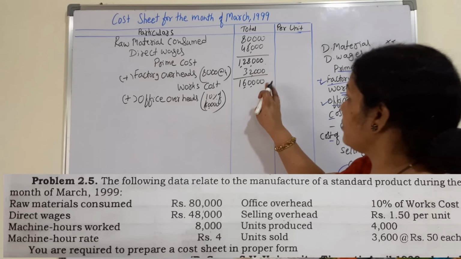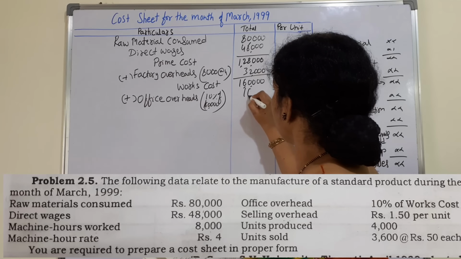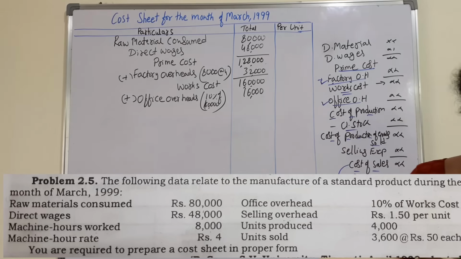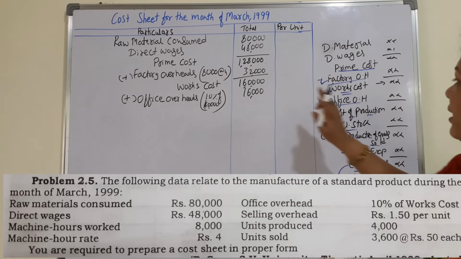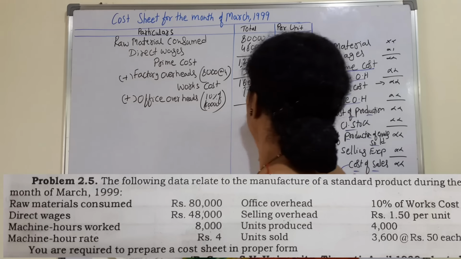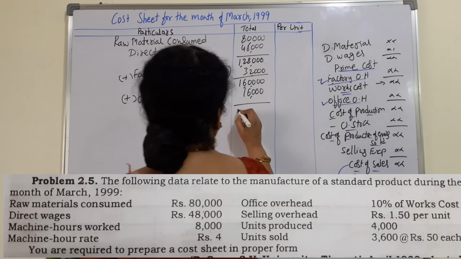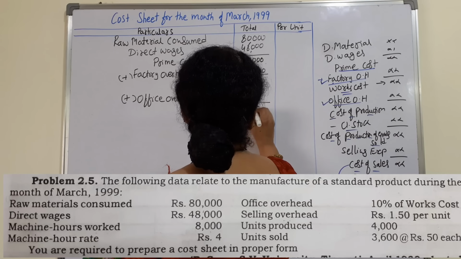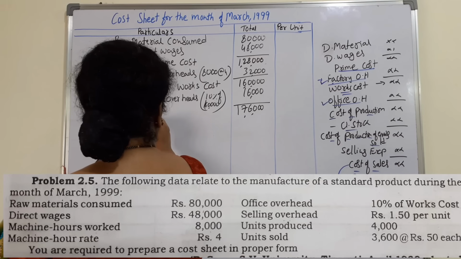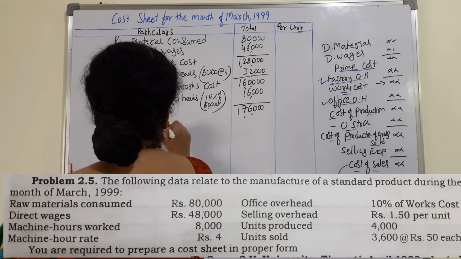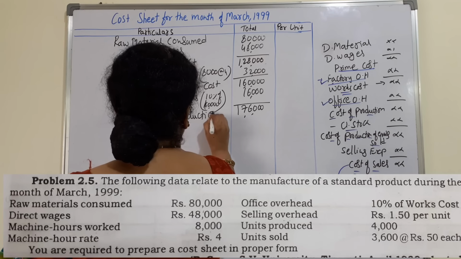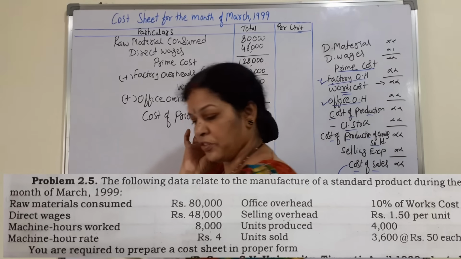So 10% of this means 16,000. Once you add office overheads, you will be getting cost of production. So if you add it, 1,76,000. So this is cost of production. Cost of production you got.